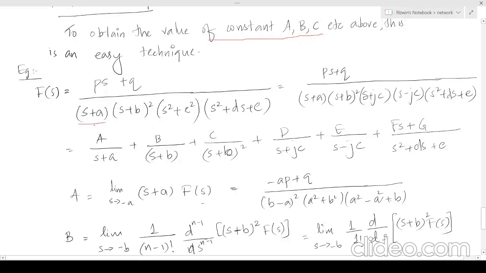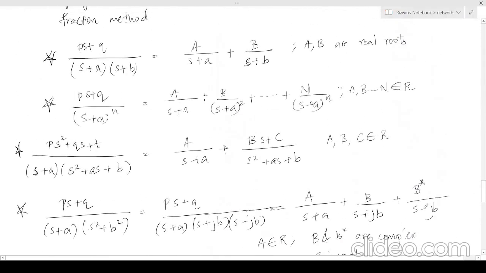So you could straight away write it as a single term, A by s plus a. Now the second term is (s plus b) all square. Since it has power 2, you should write up to the power 2. The n has the value 2.